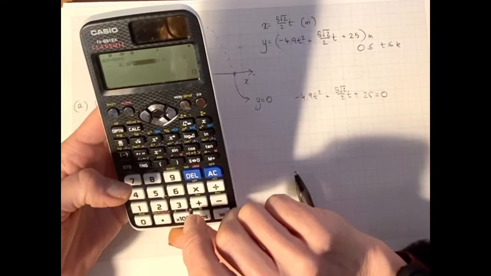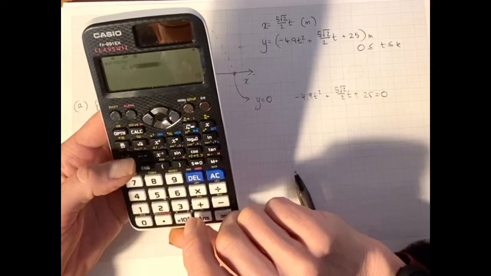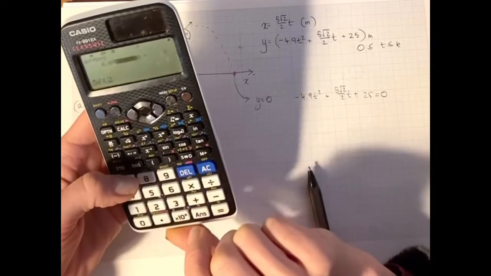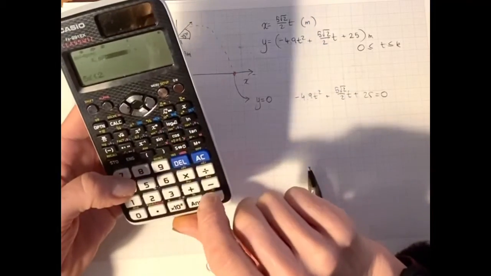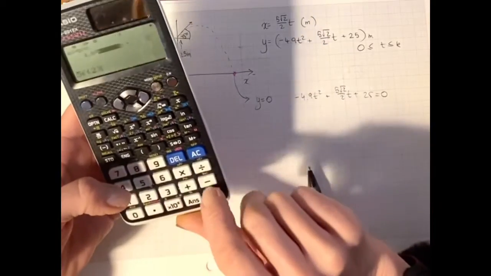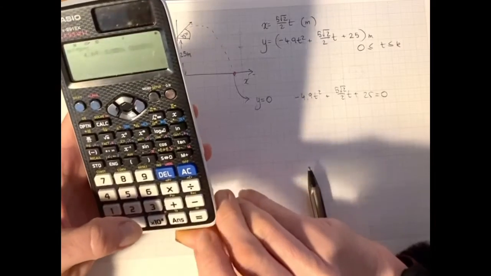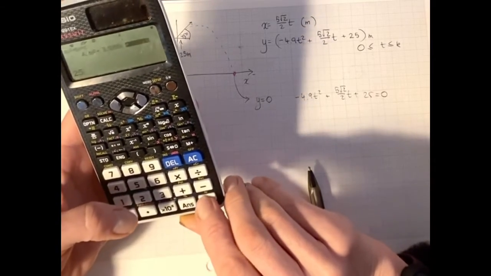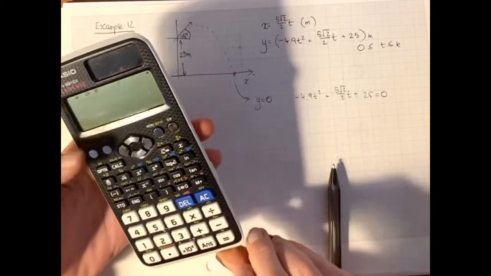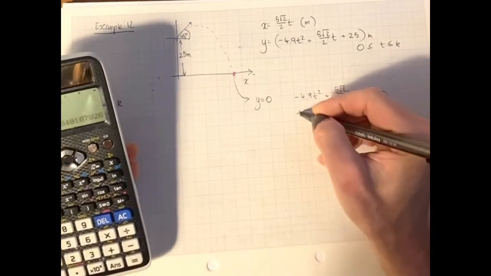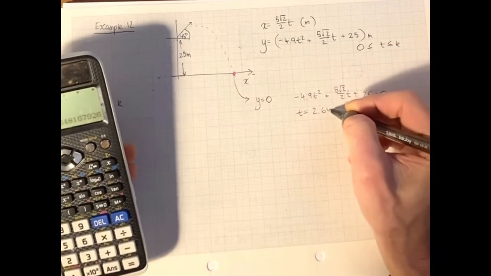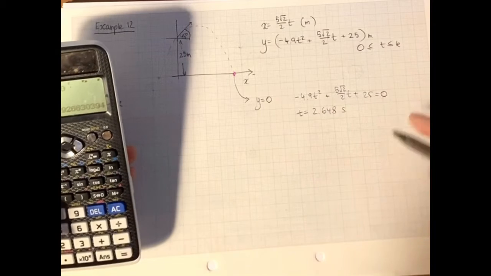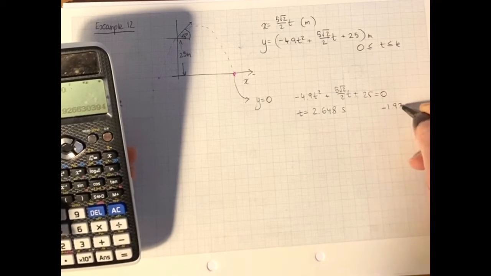Then you've got 5 root 2 over 2, so it's going to be 5 root 2, close brackets, divided by 2. And the last coefficient, the constant value, is 25. So if you press equals, you will get the value of t being 2.648 seconds. And if you press again, you do get minus 1.926.